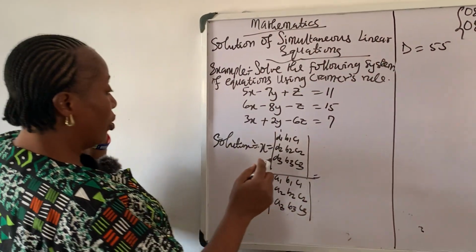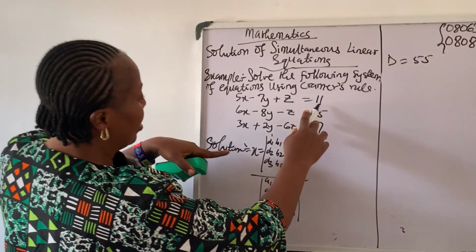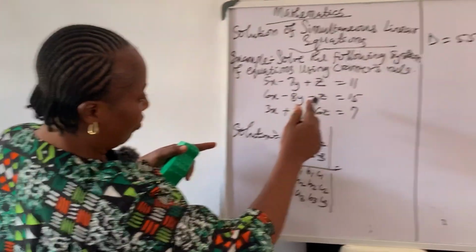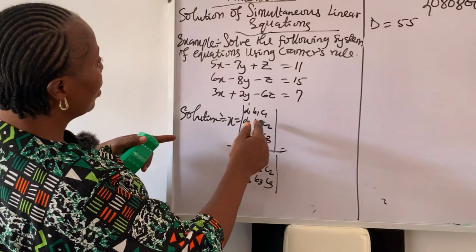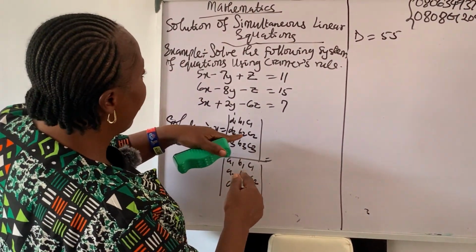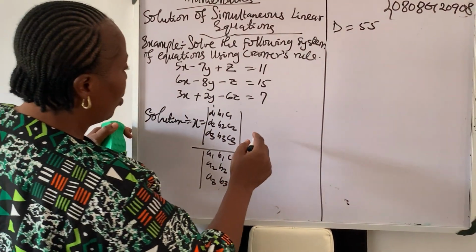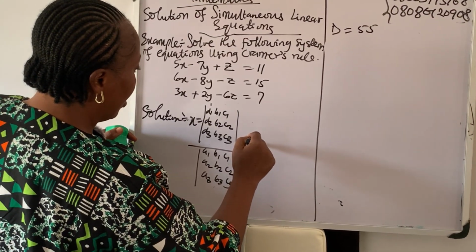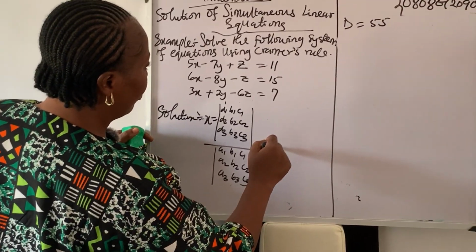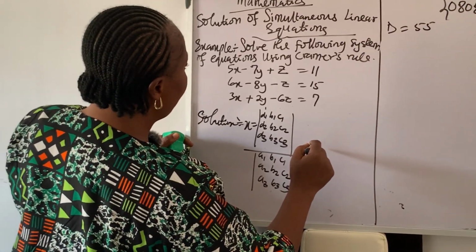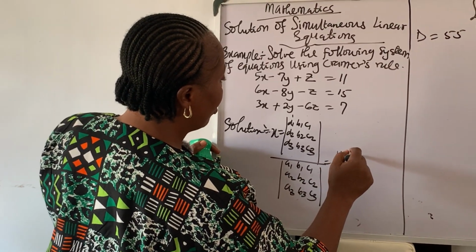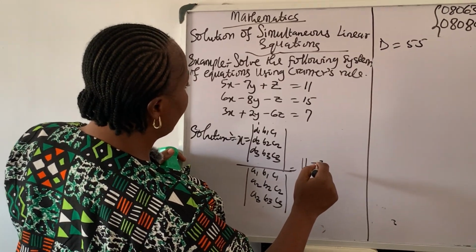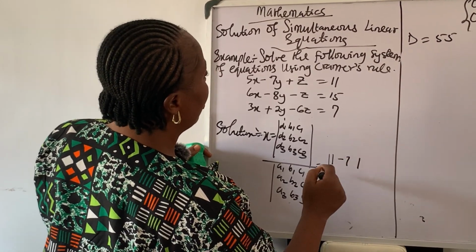By implication, our D1 here is 11. Our B1 is minus 7, that we have already known. It is established. Then our C1 is 1. So we have here 11, minus 7, 1.